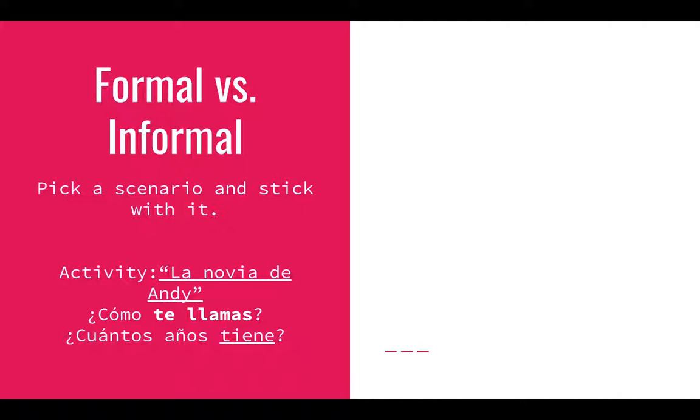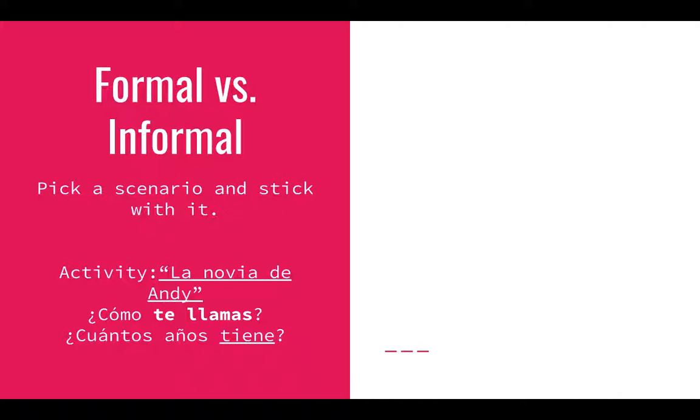On our Avancemos de Flash Cultura, there was an activity where Andy's introducing us to his girlfriend, and we have to ask her five different questions. And we were going back and forth between the questions that we were asking her. Decide what kind of relationship you have with Andy and with this new girlfriend. If it's formal, ask her all formal questions.